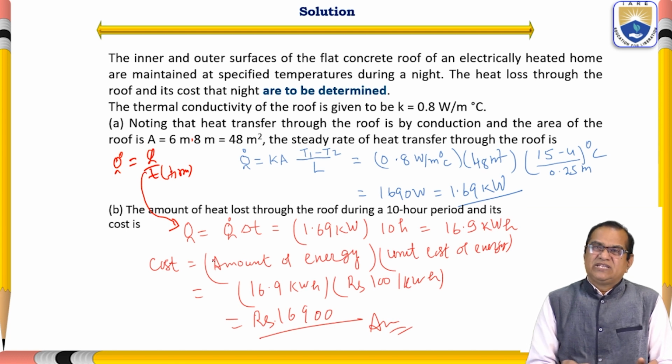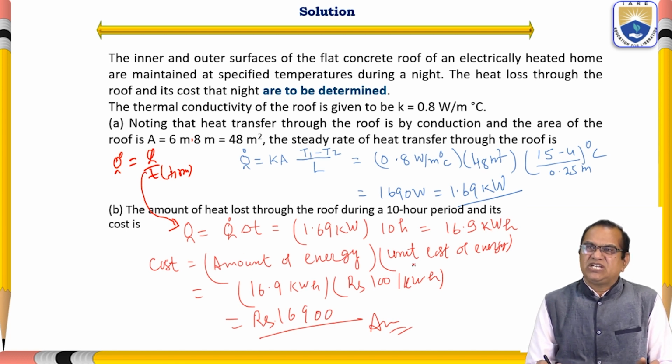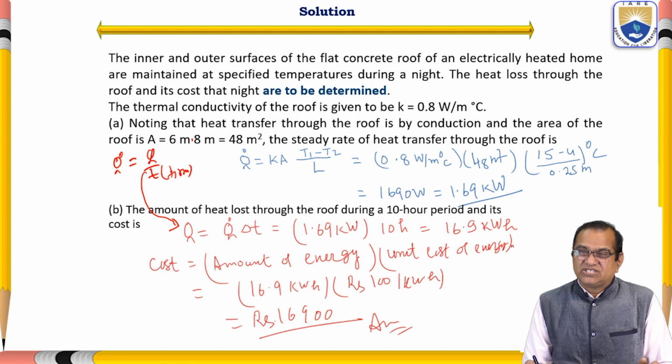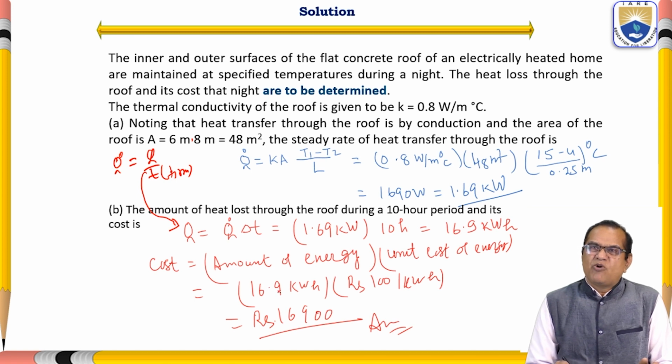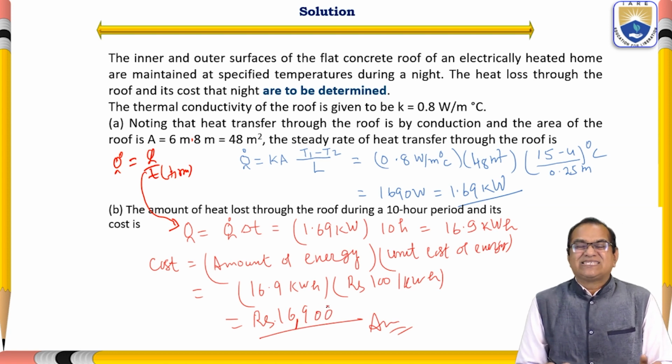And we know that the cost is that amount of energy into the unit cost of energy. The unit cost is rupees 100 per kilowatt hour. So we get 16.9 into 100, that is 16,900 rupees we have to spend on this given system.